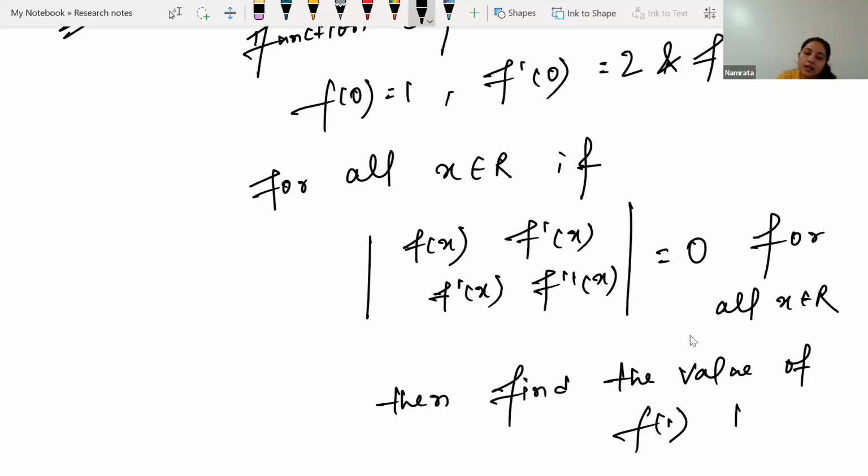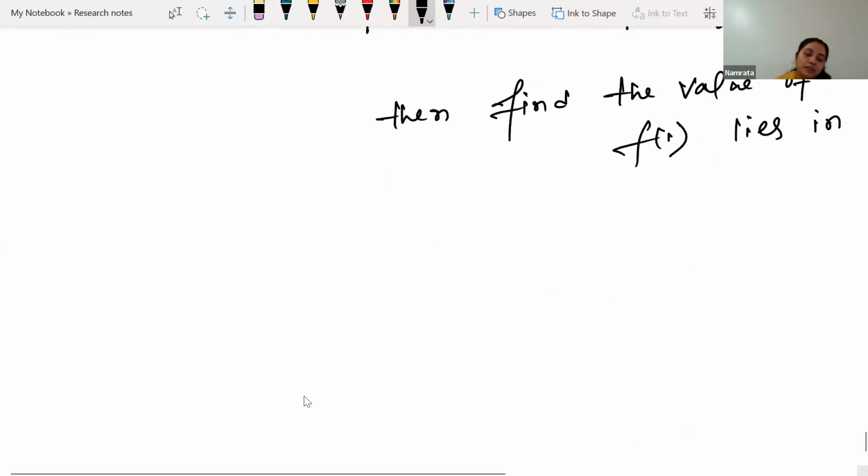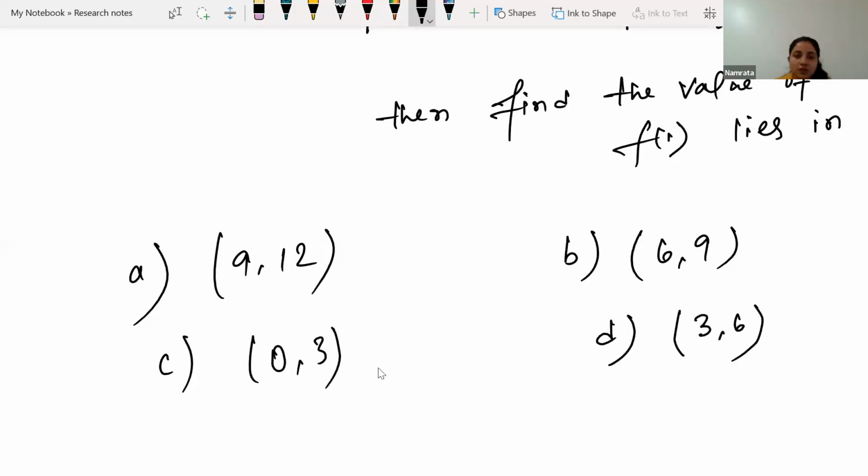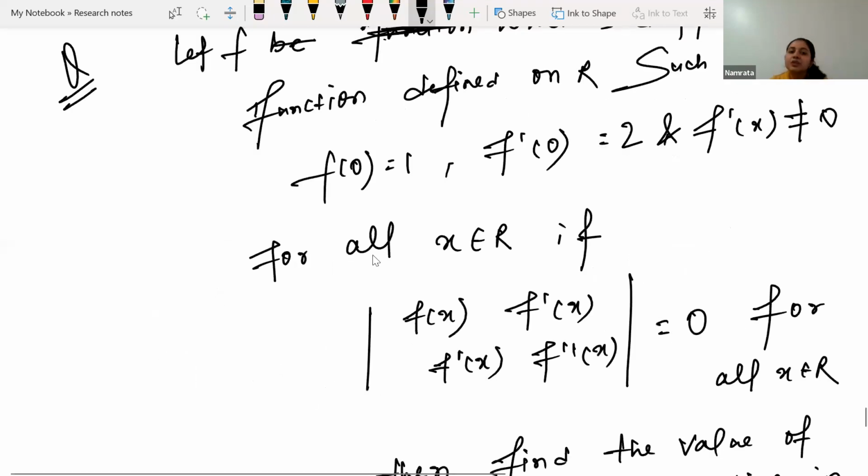Instead of a particular value, an interval is given, and the intervals are A 9 to 12, B 6 to 9, C 0 to 3, and D. Let's see how to do this one.